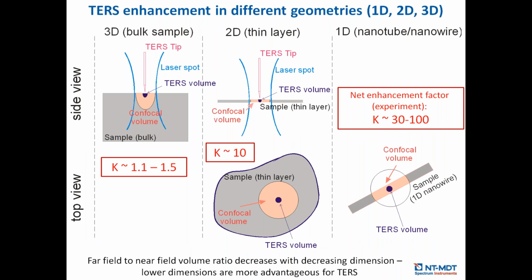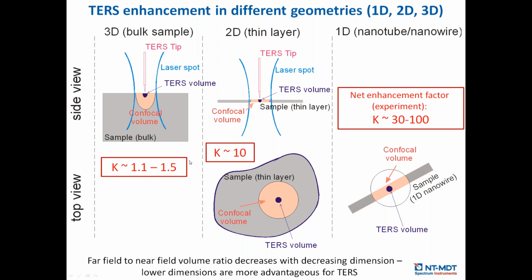As I said, a 1D sample is quite easy to study by tip-enhanced Raman scattering because the confocal volume does not produce a lot of background signal. Typically we can get an enhancement factor of about 30 to 100. When we try to study 2D samples like flakes or thin films, the enhancement factor becomes much smaller, about 10 times.